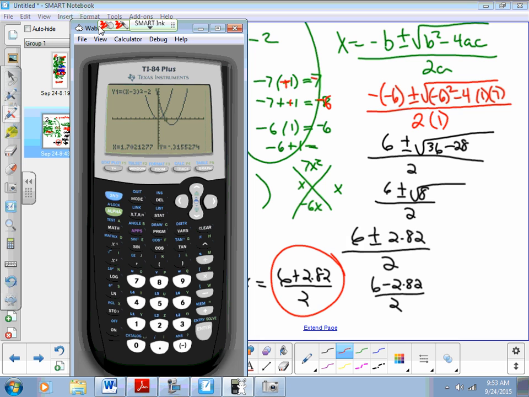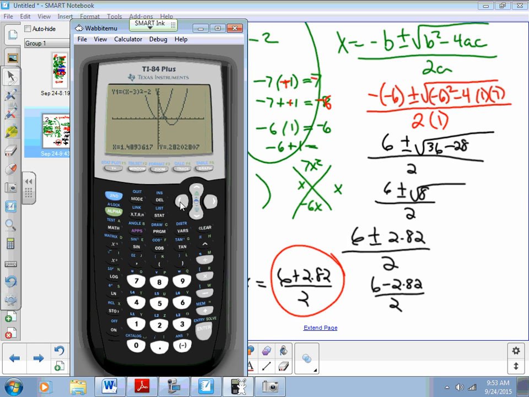Okay, 4.41. That means one of the x-intercepts is at 4.41. You see that's over here, somewhere at 4.41. And this one over here is the 1.4 something. That one's going to be 3.18 divided by 2.